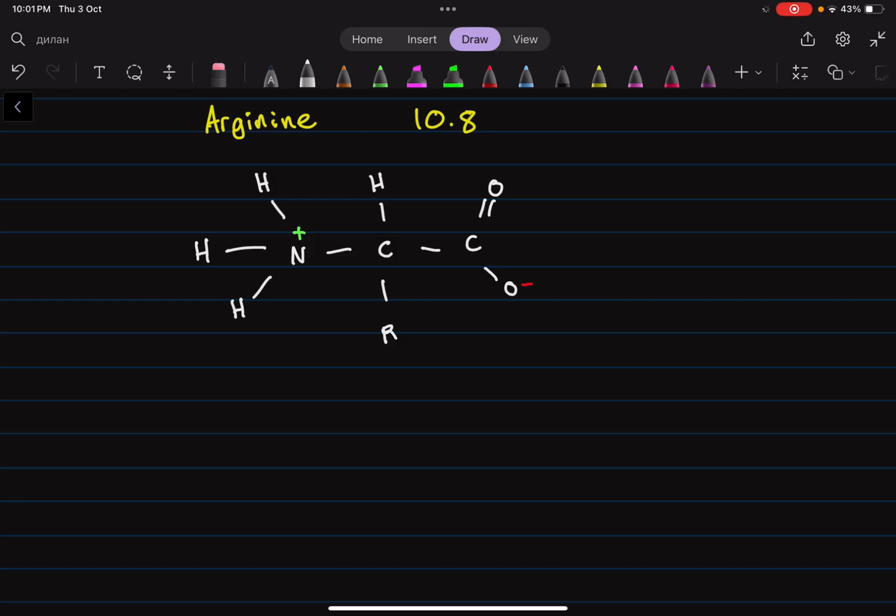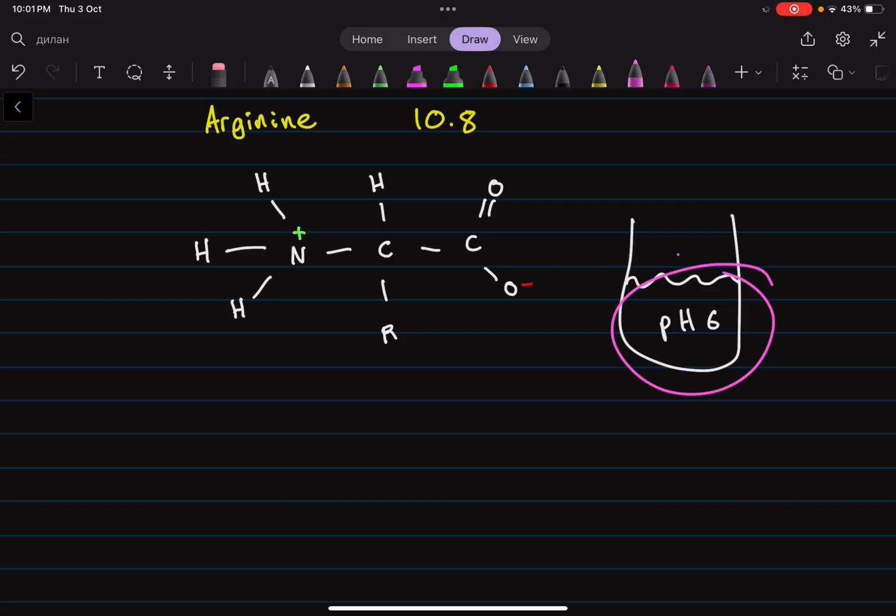Let's say again, the question says it was put into a beaker of pH 6 solution. Okay, so every Zwitterion wants the solution to become its isoelectric point, because this is what they're comfortable at. So that's what they're going to try and make the solution become.